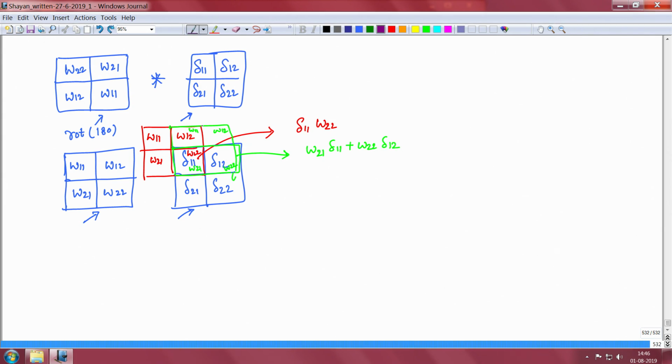Then, similarly one can move the filter here and get delta 12 W21.